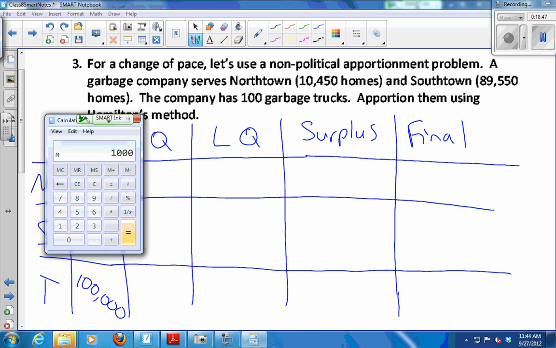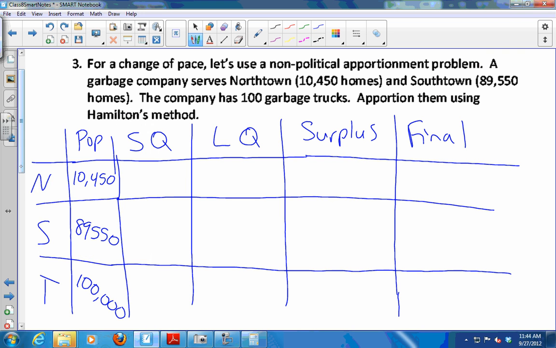So each truck is responsible for 1,000 homes. So then we have to figure out how many sets of 1,000 homes there are in each district. So you divide the number of homes, 10,450 by 1,000, 10.45. And this one would be 89.55, for a total of 100.